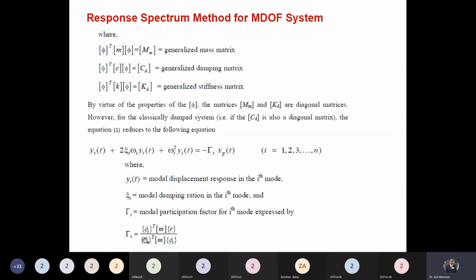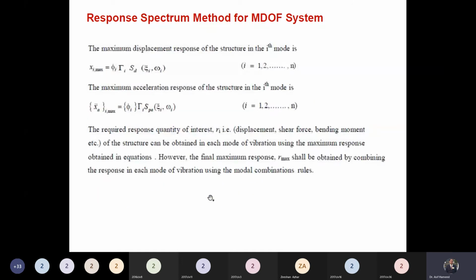And this is the modal participation factor for the ith mode, multiplied by the acceleration of the ground. So this expression is similar to the single degree of freedom system. The only difference is we have n omega values and i zeta values. And we have a new term here, that is the modal participation factor. Okay, let's go.